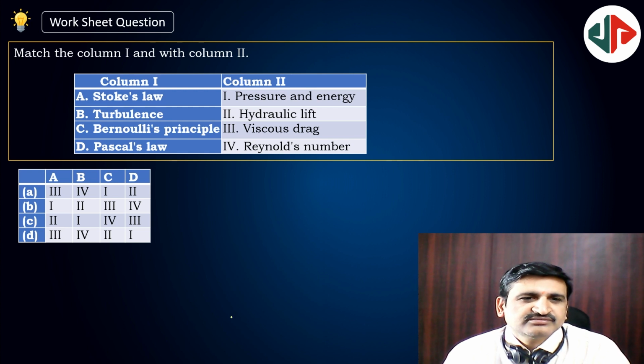Turbulence, Reynolds number, and Bernoulli principle, pressure and energy, Pascal's law, hydraulic lift, viscous drag, Stokes' law, isn't it? So A, Stokes' law, viscous drag, 3, and turbulence, Reynolds number, Bernoulli's principle, pressure and energy. So it's A.